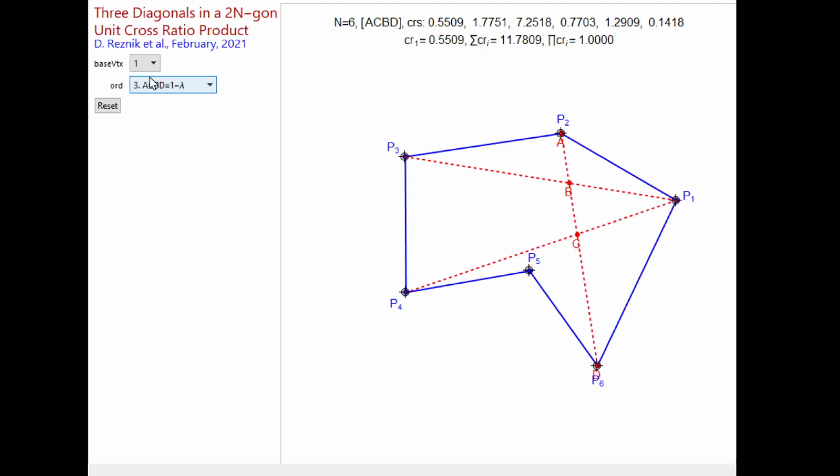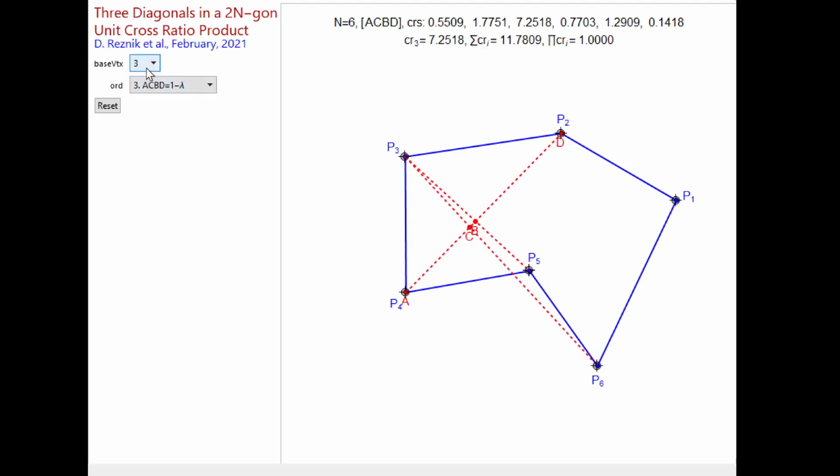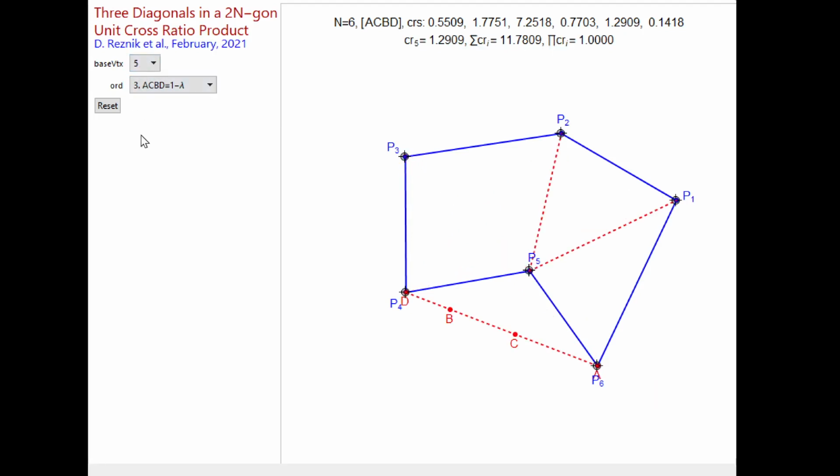Okay, so if you cycle through the 6 constructions, or the 6 triples of diagonals, the way defined before, you're going to get 6 sets of 4 collinear points. Each one of them is going to have an associated ACBD, so they're being reported here, the 6 cross ratios. They're distinct numbers in general.